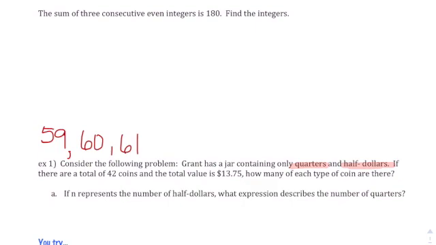Since they already told you they are letting n equal the number of half dollars, in that case you take the total minus the number of half dollars, and you will get the number of quarters. It's the total amount minus n, which is how many half dollars, and then you will be left with how many quarters.